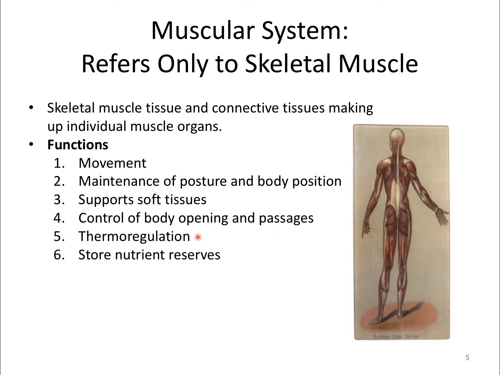They contribute to thermoregulation by either dumping heat or shivering, and you have considerable stores of fat and glycogen in and around your muscles, so there's nutrient reserves as well. If you're really hard up for nutrients, you can even break down your muscles for fuel, but this typically only happens in starvation situations.